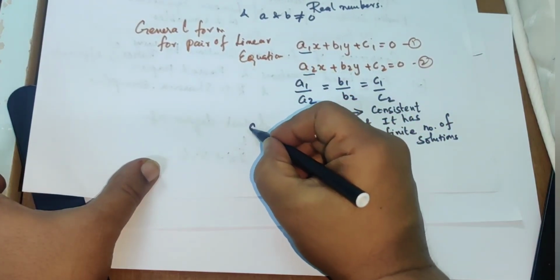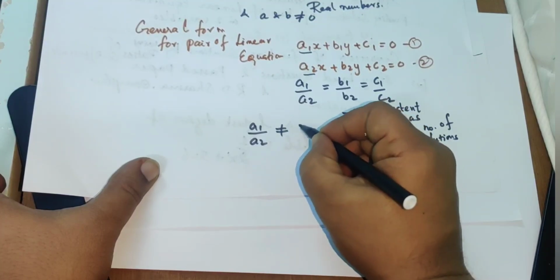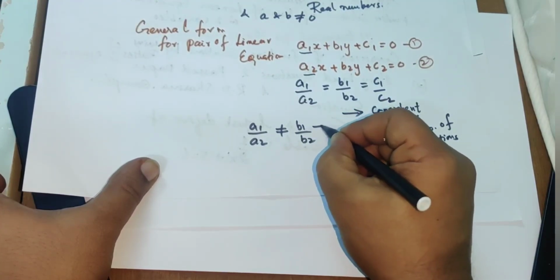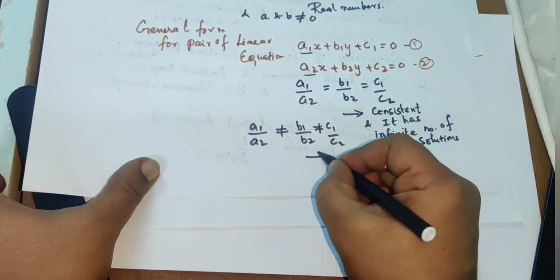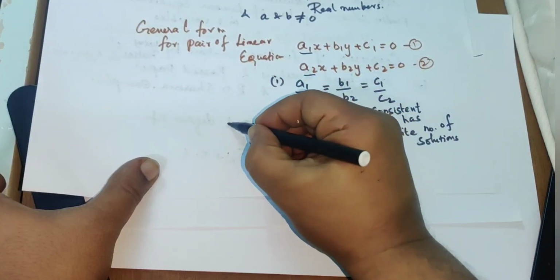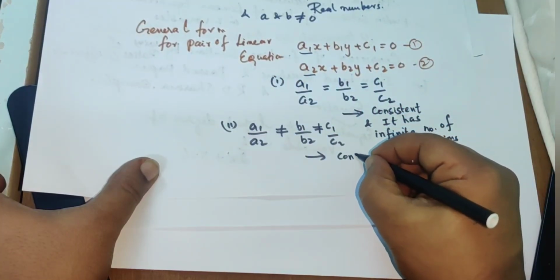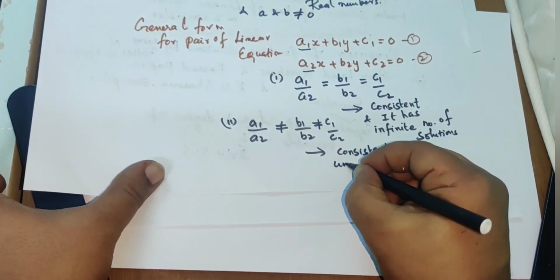If suppose a1 divided by a2 is not equal to b1 by b2, not equal to c1 by c2, what will happen? This is also consistent. This is the first type of ratio. Second one, it is also consistent, and you will get a unique solution.